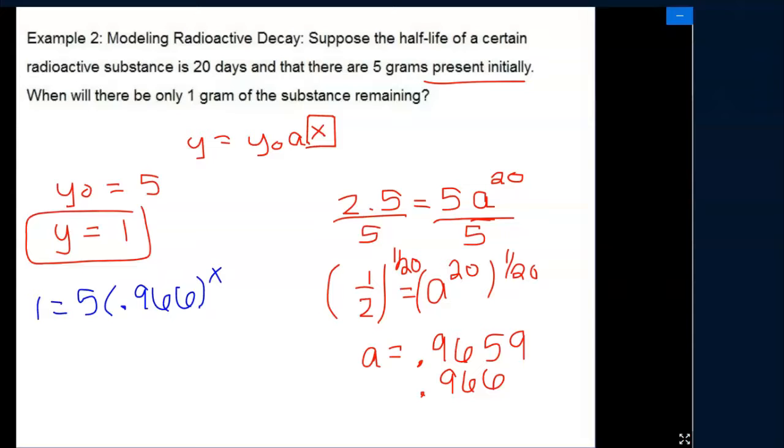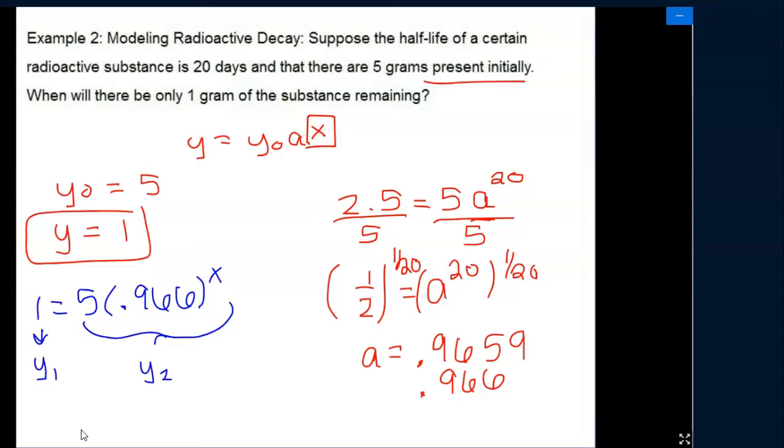What's one way we could do this on a calculator? I could put 1 into y1, and I could put this equation into y2, and then I could look for their intersect. That's probably the easiest way to go about doing this.